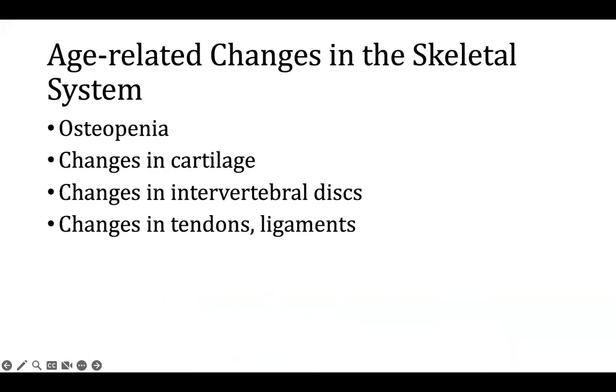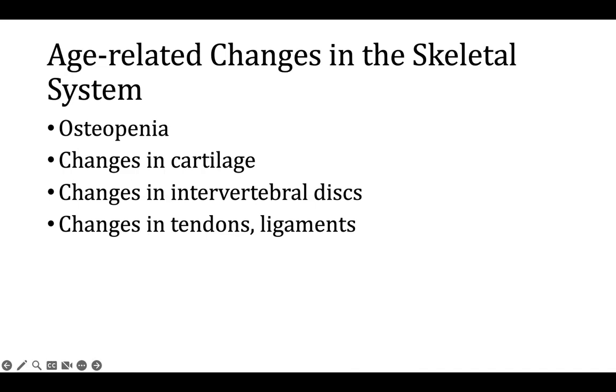There are some age-related changes in the skeletal system, things you probably have thought of before, one of which is osteopenia, which is a condition that begins as you lose bone mass and your bones become weaker. Think about your grandparents, they might have said, I used to be 5'6" and now I'm 5'2".